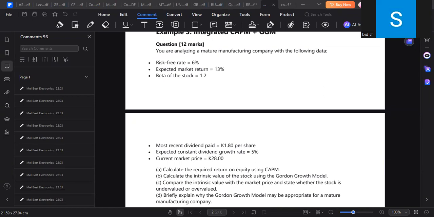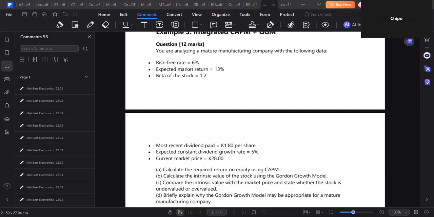Are you following what she's saying? Very good. So the brackets is what we also call the risk premium in case you're given it directly. If I start with the brackets, it would be 13 minus the risk-free of 6, which is going to give us 7.